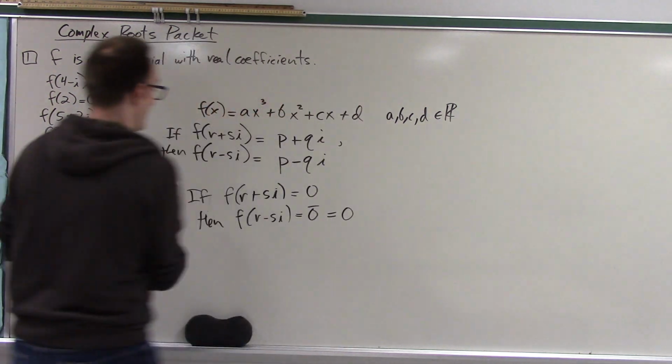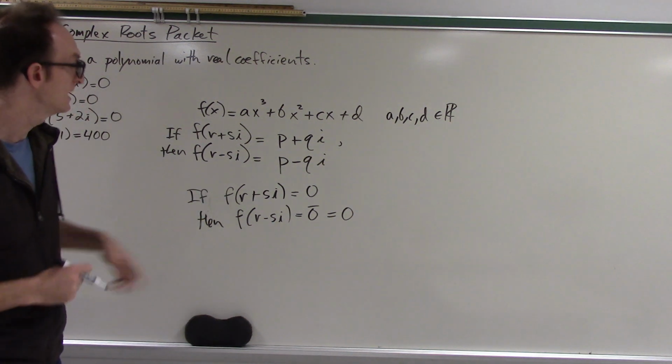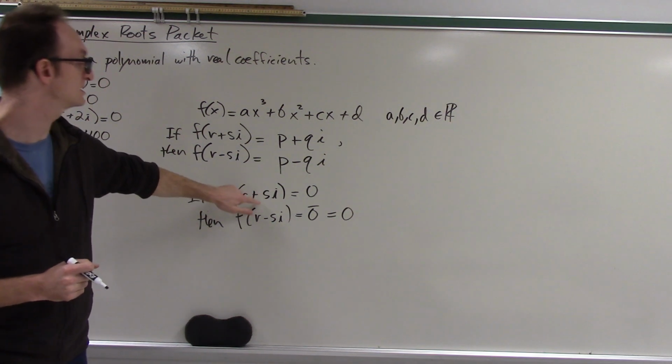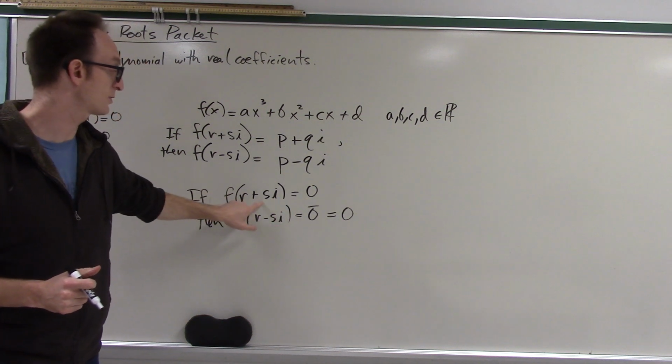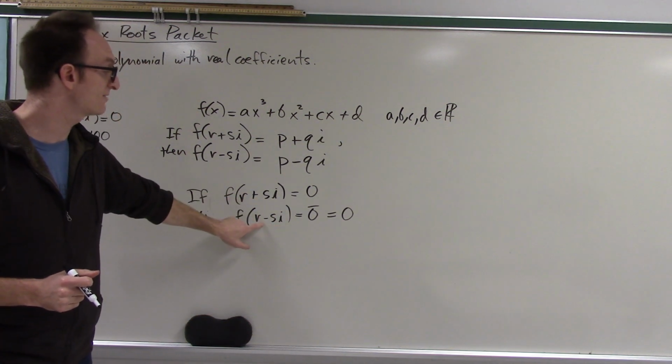In other words, as I said in most classes pretty clearly, if you plug a particular complex number into this polynomial and you get back 0, in other words, that's a root, then the conjugate of that will also be a root.